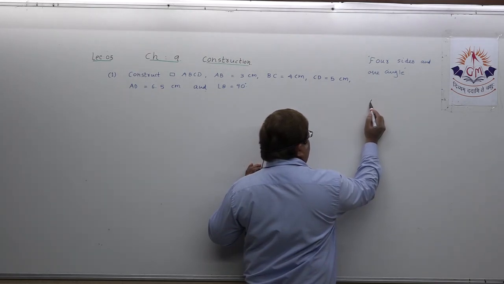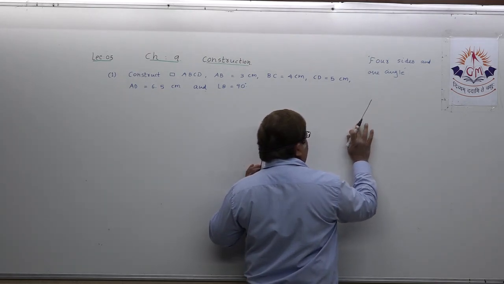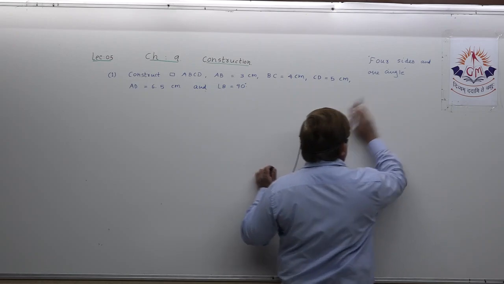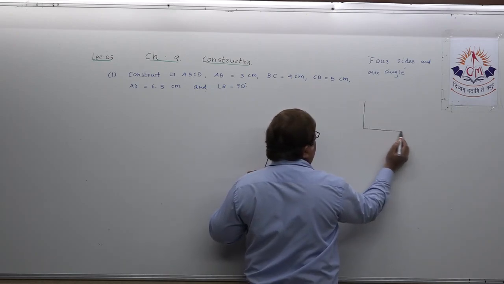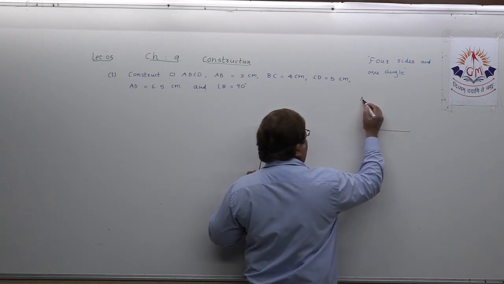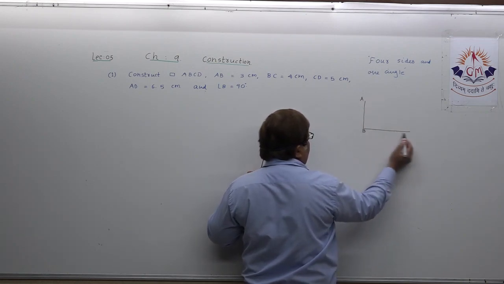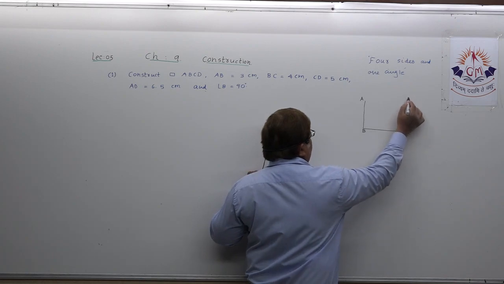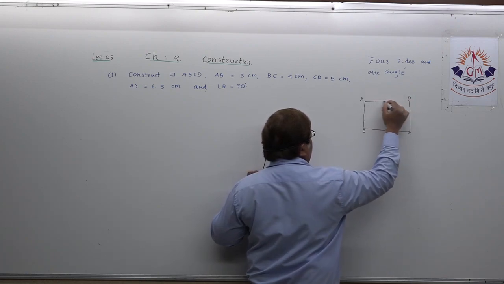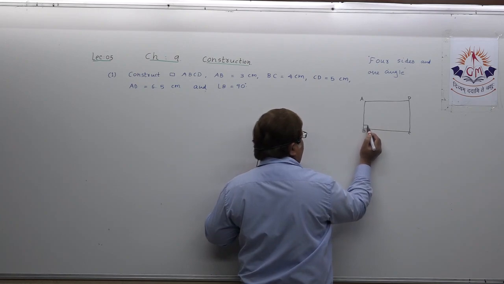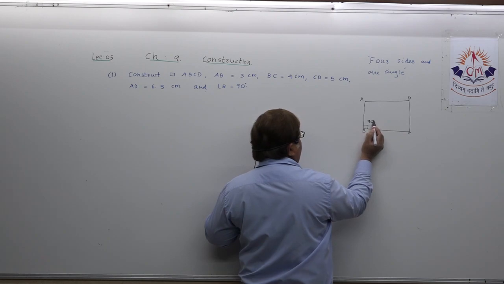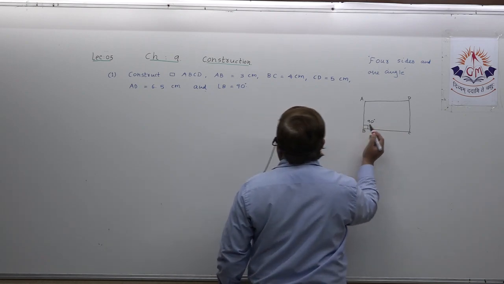Suppose quadrilateral ABCD, I must say, suppose this way somewhat. Understand ABCD. Okay. This is rough sketch of the construction. Angle B has been given 90 degree.